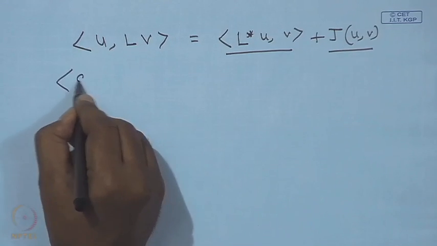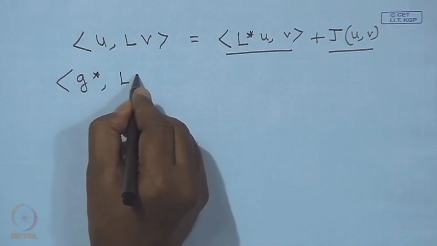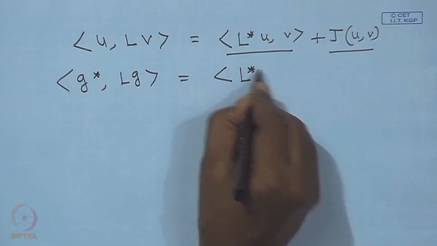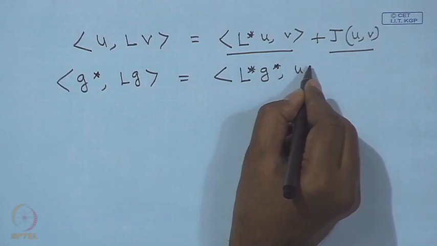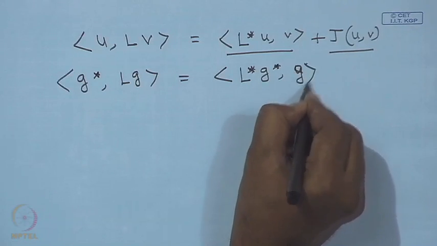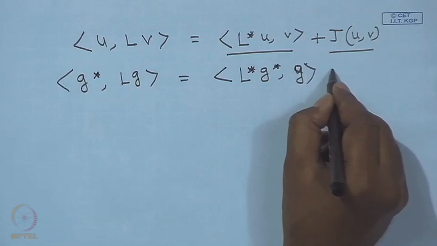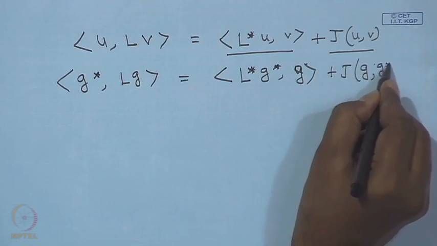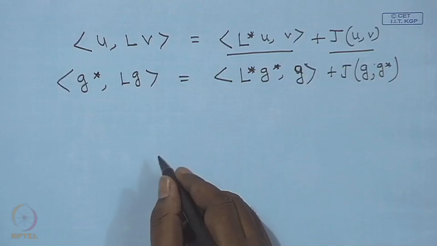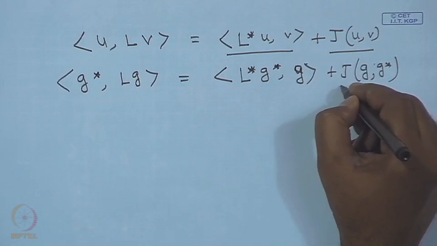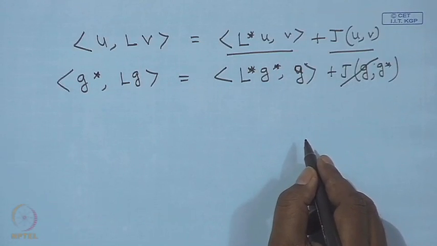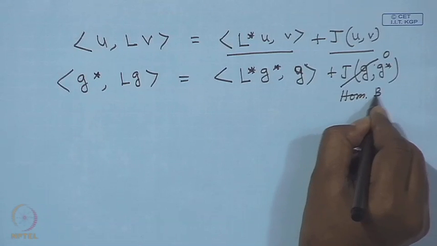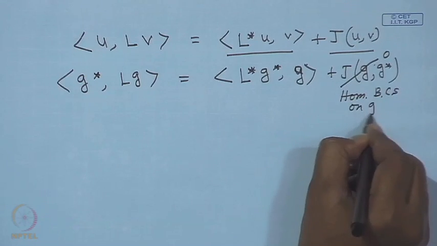So, the inner product of g* and L g will be the inner product of L* g* and g, plus the bilinear concomitant between g and g*, and the bilinear concomitant of g and g* will be equal to 0, simply because we have homogeneous boundary conditions on g and g*.